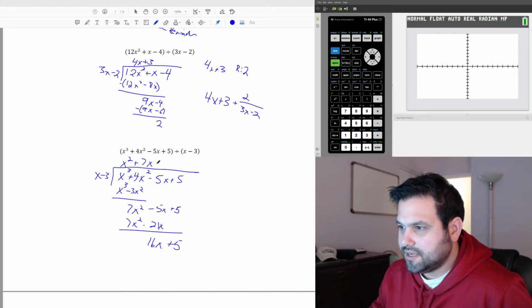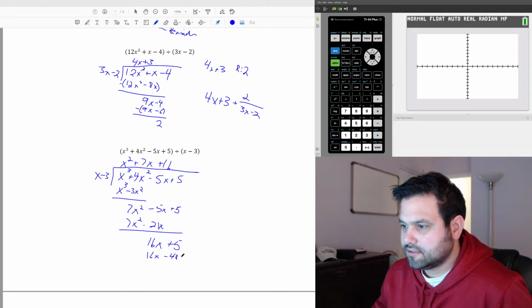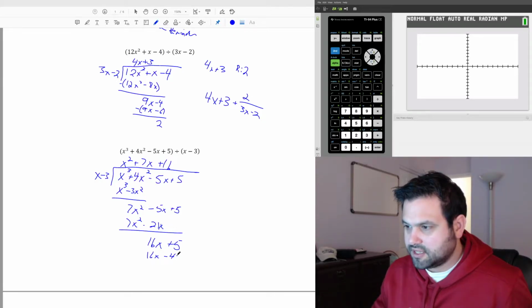So it looks like I would need a 16. So 16x and minus, what would that be? 48. Let's make that look like an 8. And subtract those.